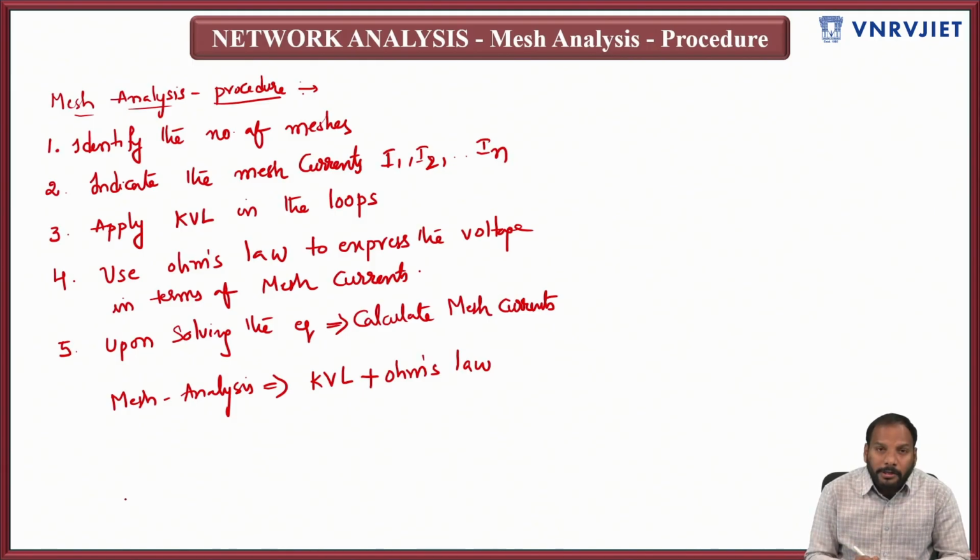Before going ahead to the problems, I will take one simple circuit and make you understand how you can apply the mesh analysis. Try to consider a circuit something like this.